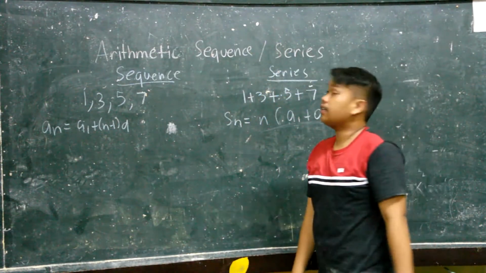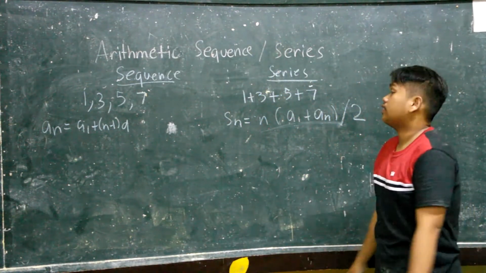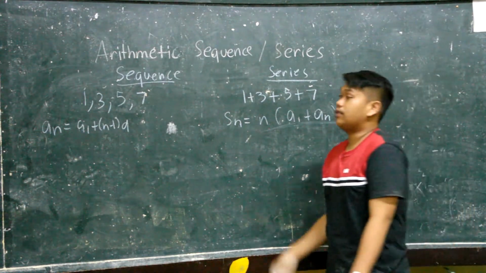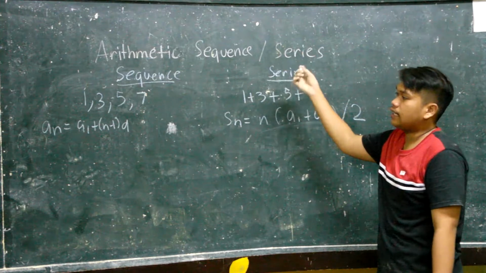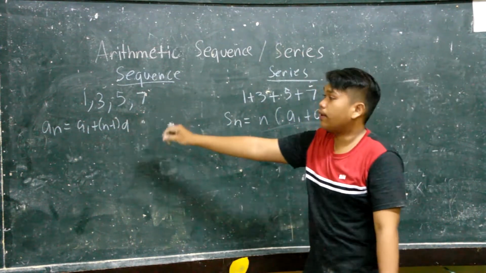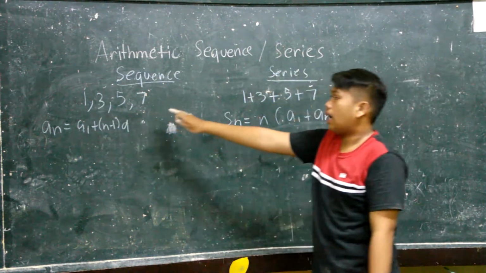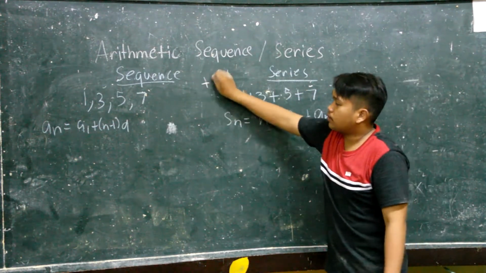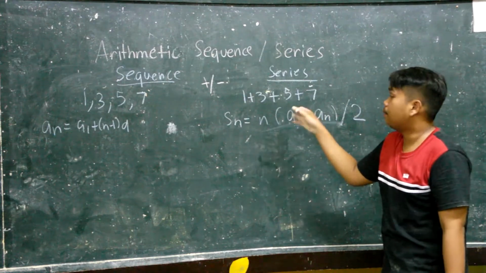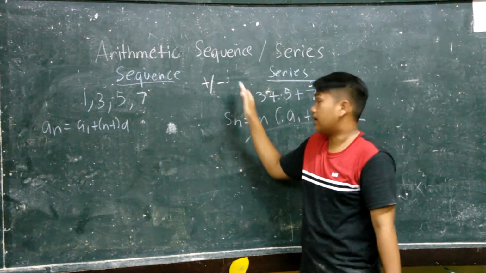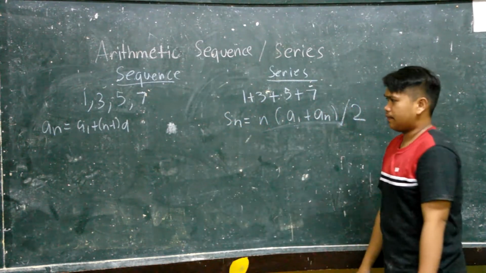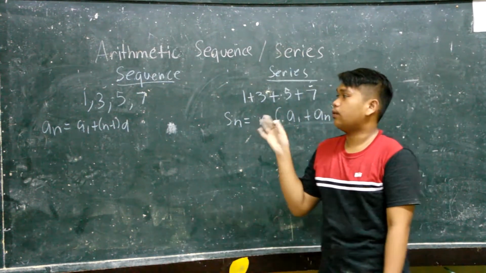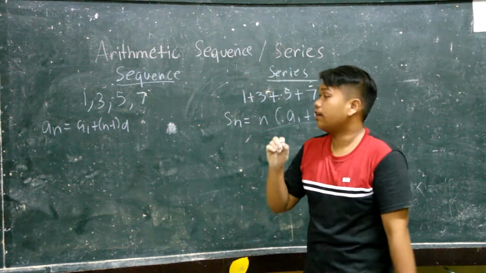Our next topic is all about arithmetic sequence and arithmetic series. The only difference between a sequence and a series is that a sequence is separated with a comma. However, a series is separated by either plus or minus, but in this example, we are using plus. The common property of a sequence is that it has a common difference.